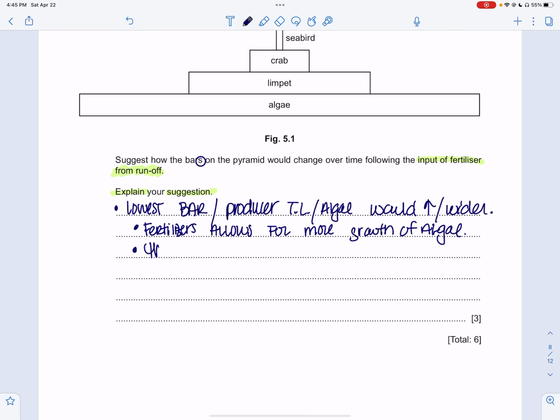Okay, the extra organic material. Organic material is a fancy way to say food, but it's not really collegiate enough to say the extra food.